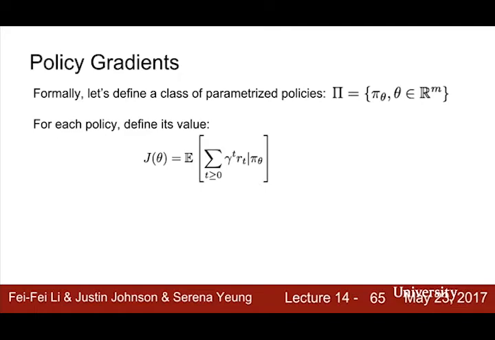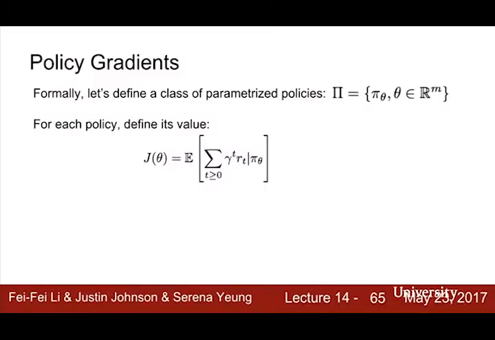This is an approach that we're going to call policy gradients. And so formally, let's define a class of parameterized policies, right? Parameterized by weights theta. And for each policy, let's define the value of the policy. So J, our value J, given parameter theta, is going to be our expected cumulative sum of future rewards that we care about.